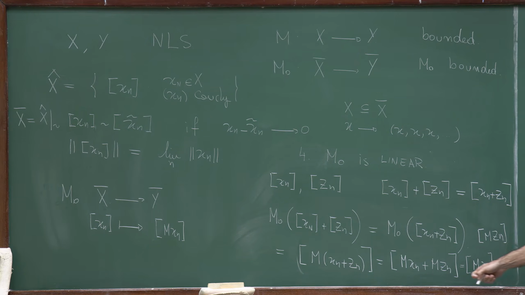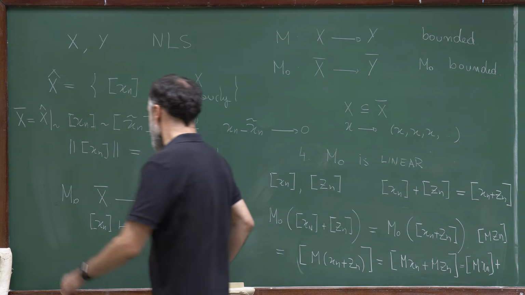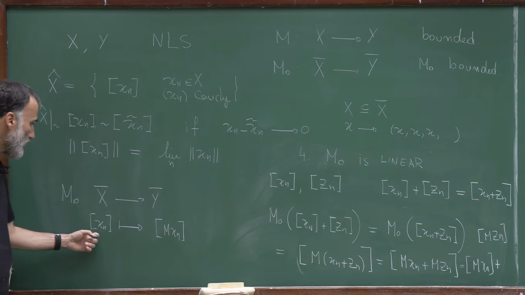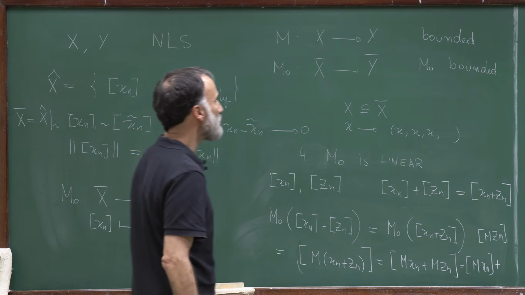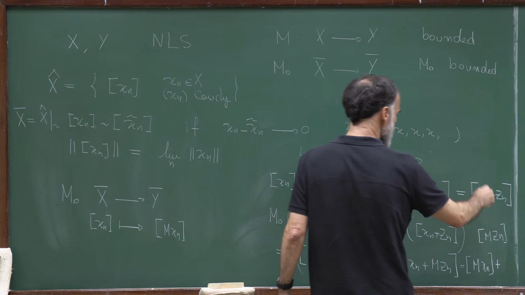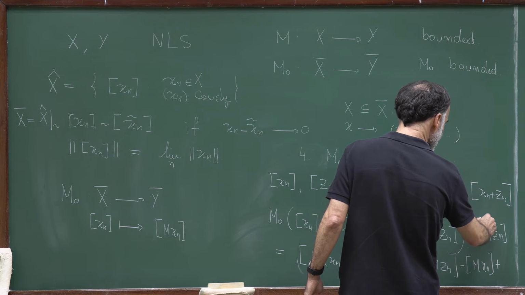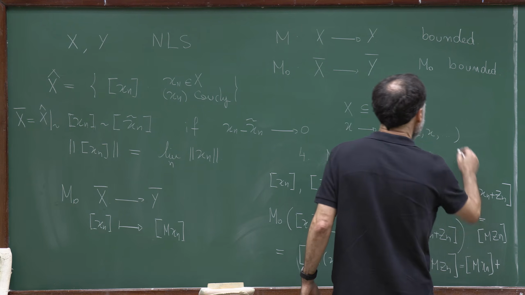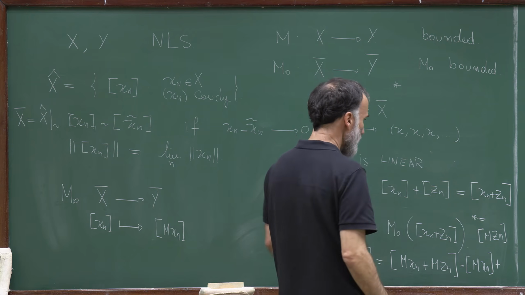But M of Xn, by definition, it's M0 of the... so let me write it here because I have no more space. So this is equal to star, and star, let me write it here.